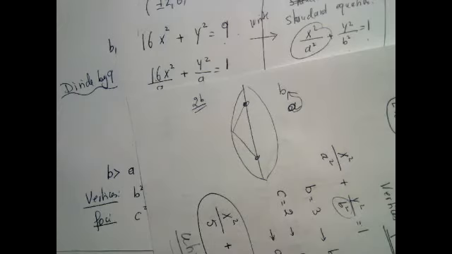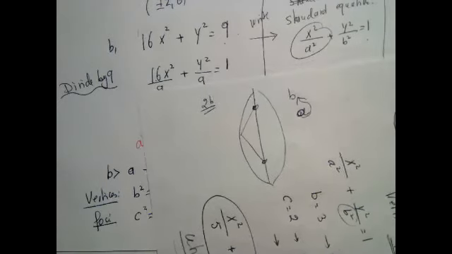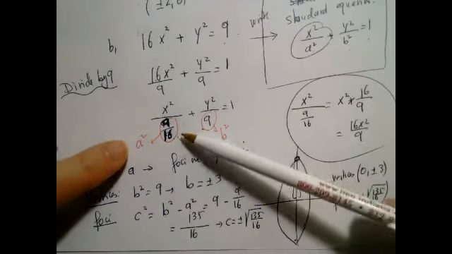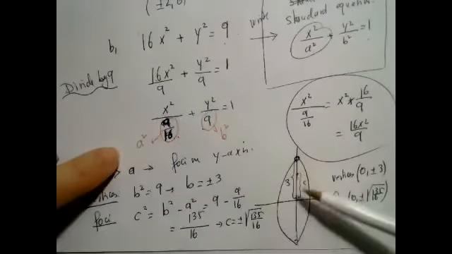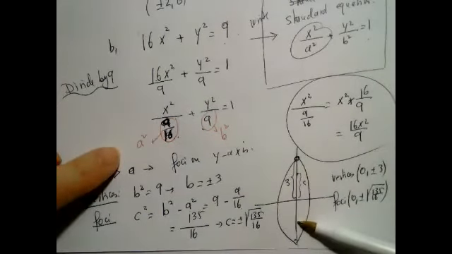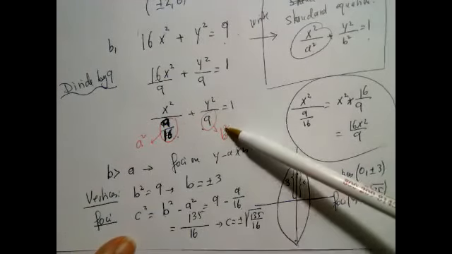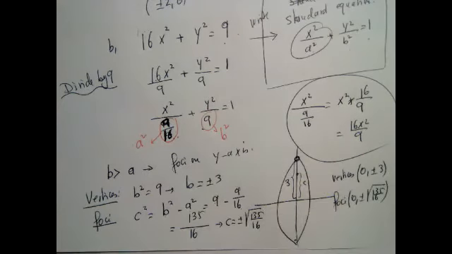So it's just a matter of flipping it. The position doesn't matter. The only thing that matters is that if b is bigger than a, the foci would be on the y-axis. That's what we should know. And in this case, the equation for c squared would be the largest square minus the smallest square, just flipping the concept of a and b.